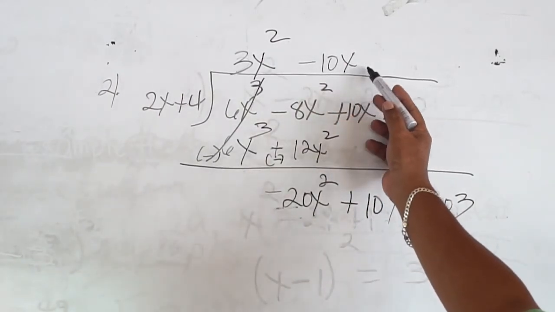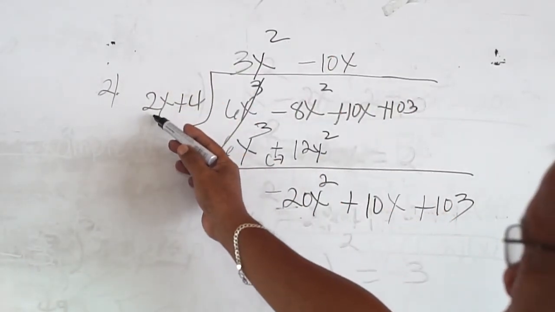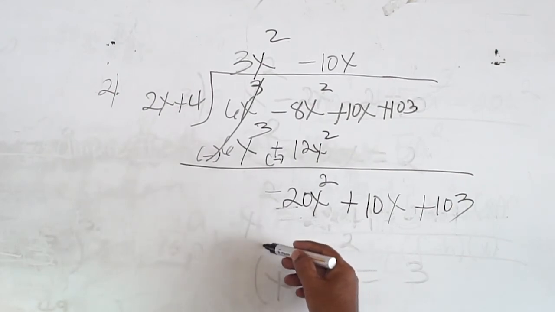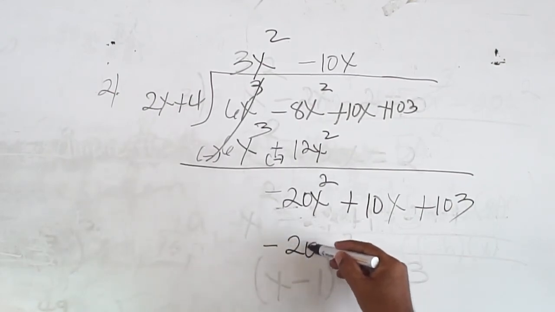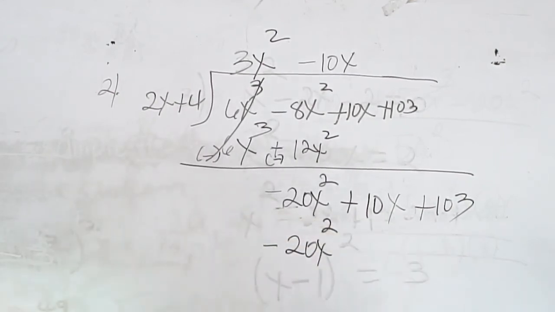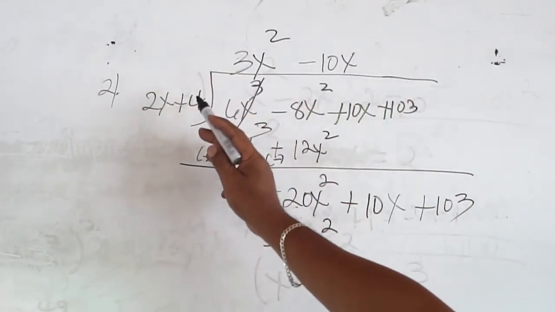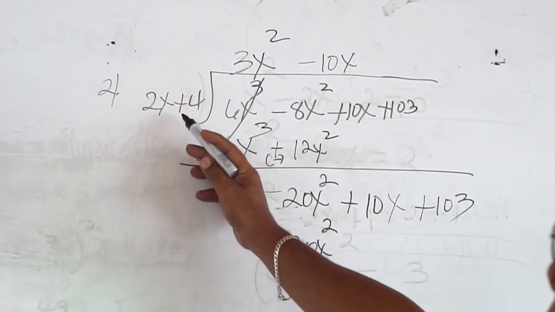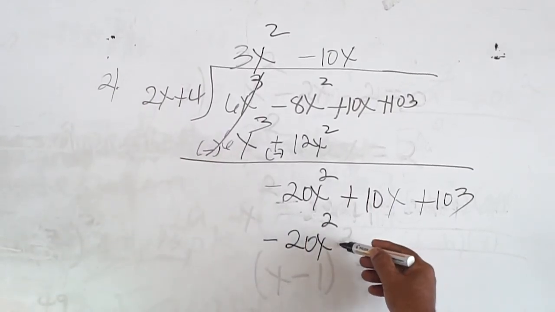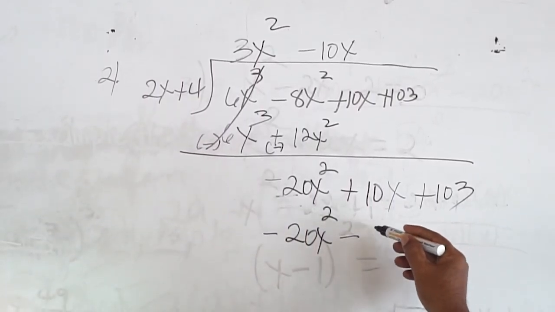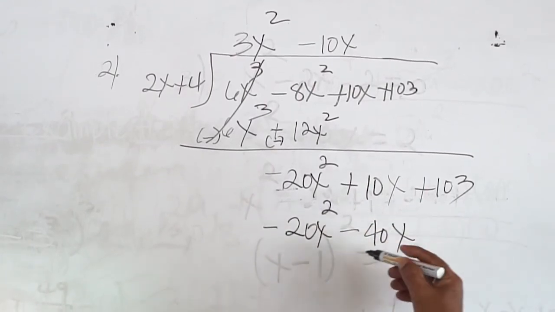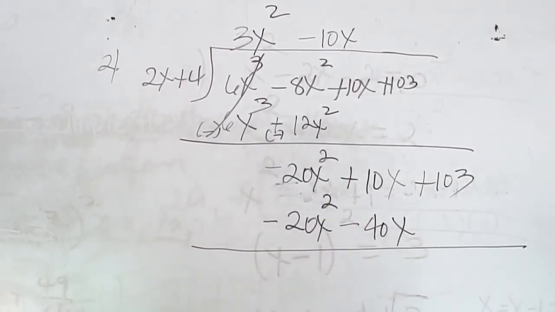Negative 10x times 2x, the result is negative 20x squared. Then negative 10x, multiply it by positive 4, so the result is negative 40x.